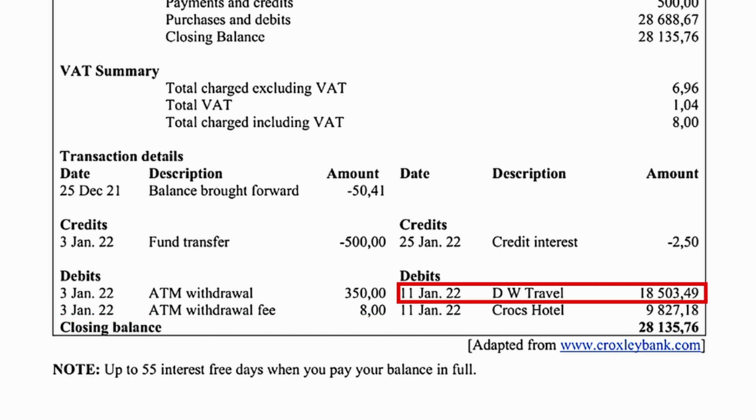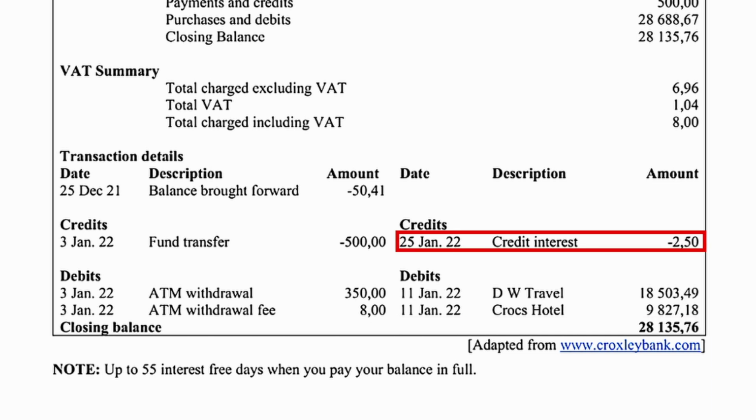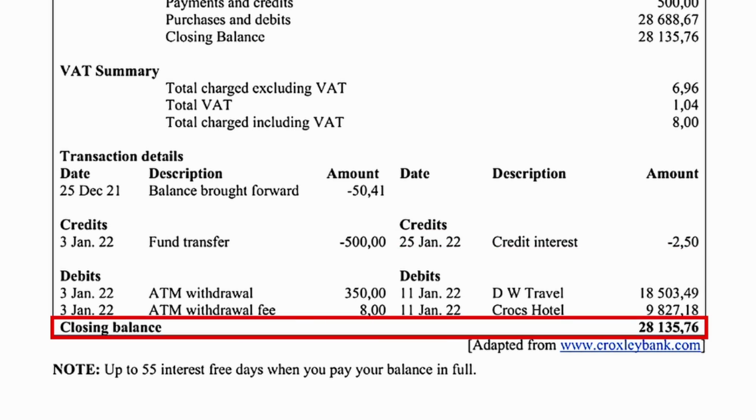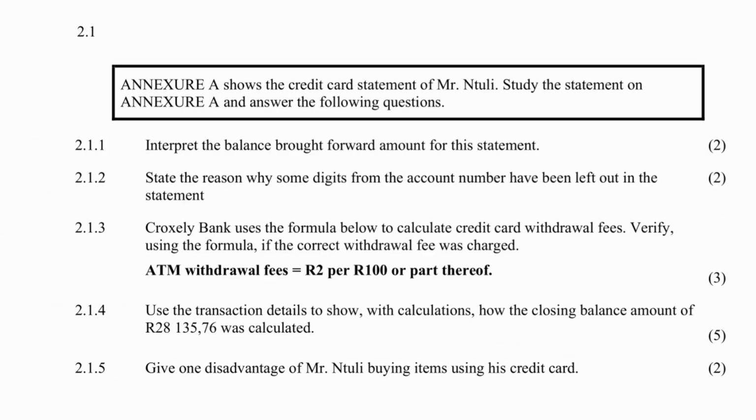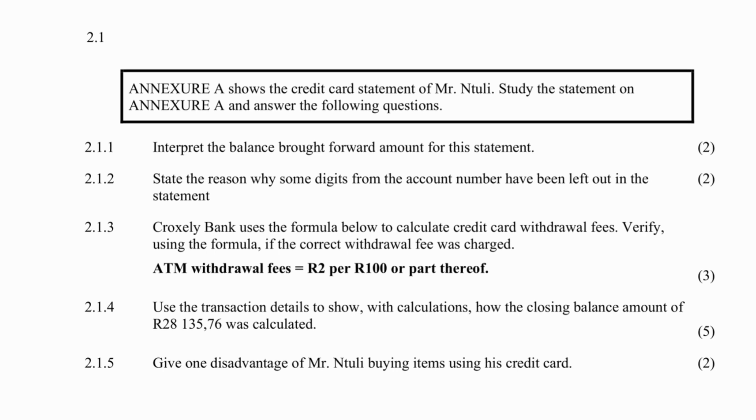On the 11th of January, a travel agency was paid 18,503 Rand 49 cents, and a reservation was made at a hotel for 9,827 Rand 18 cents. On the 25th of January, Mr. Ntuli received some interest from the bank. The closing balance on the credit card account was calculated as 28,135 Rand 76 cents.